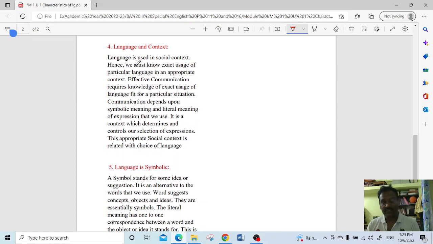Now the next characteristic of language is language and context. Now we must understand that language is always used in social context. What does that mean?